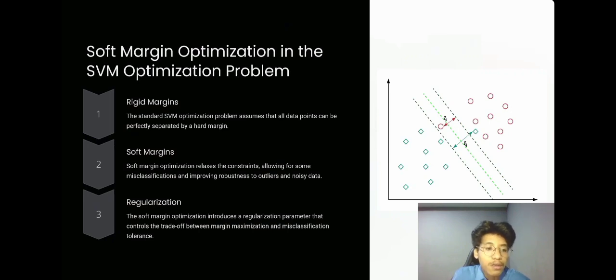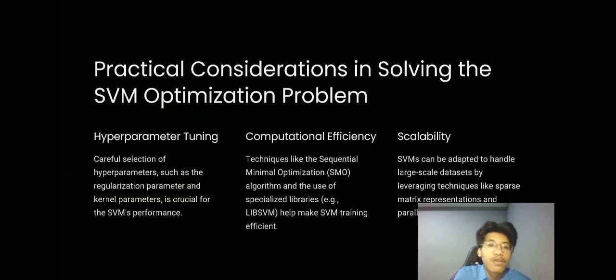Regularization. The soft margin optimization introduces a regularization parameter that controls the trade-off between margin maximization and misclassification tolerance.